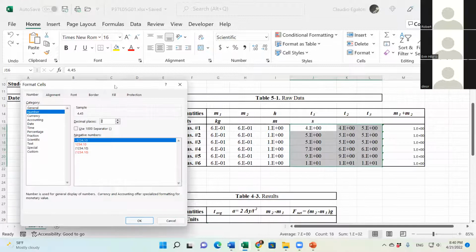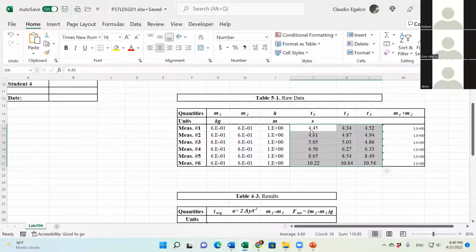Remember T1, T2, T3, the resolution of your chronometer is 100th of a second. So you have to display T1, T2, T3 with 2 decimal places. That's your first step.